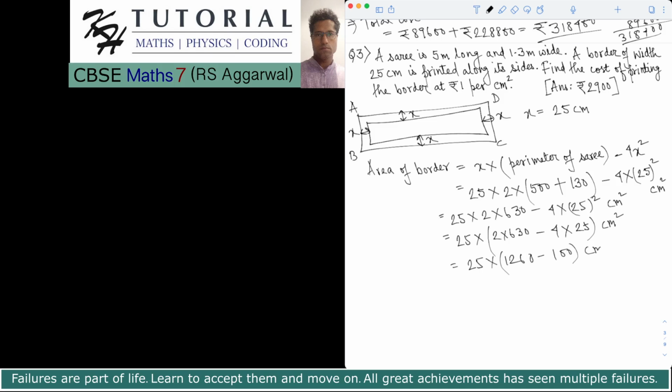So this is 25 multiplied by 1160 centimeter square, which is 29000 centimeter square, the area of the border that needs to be printed.